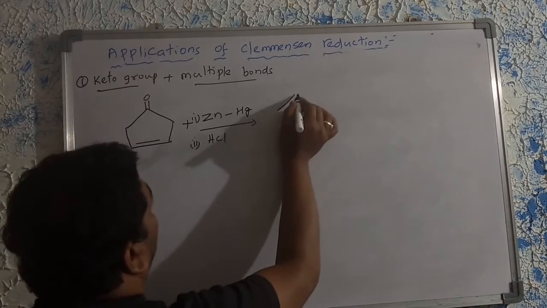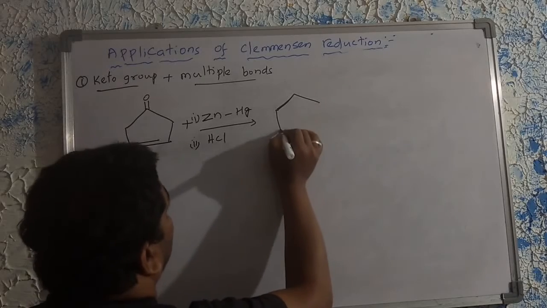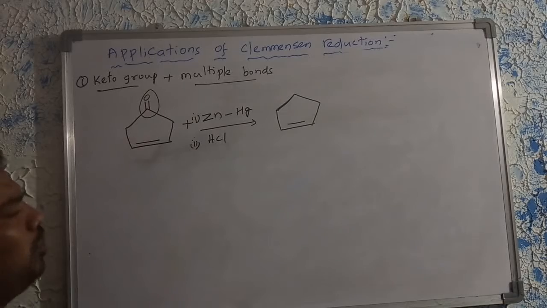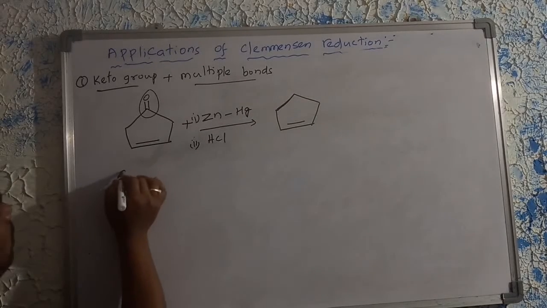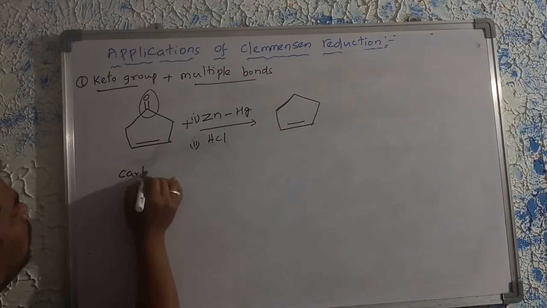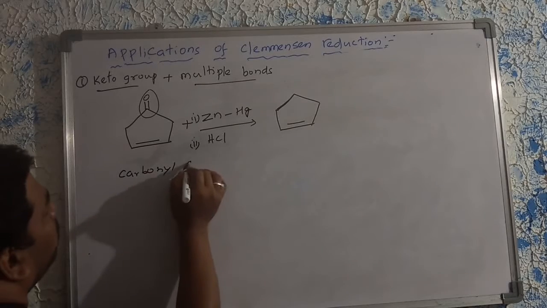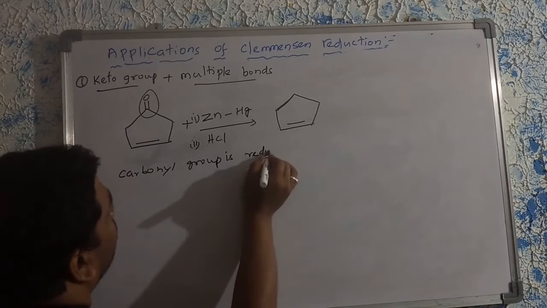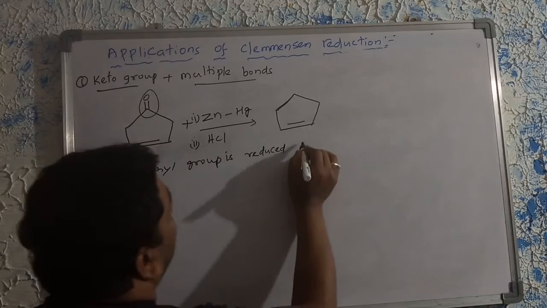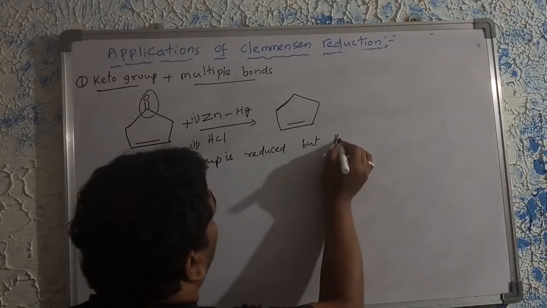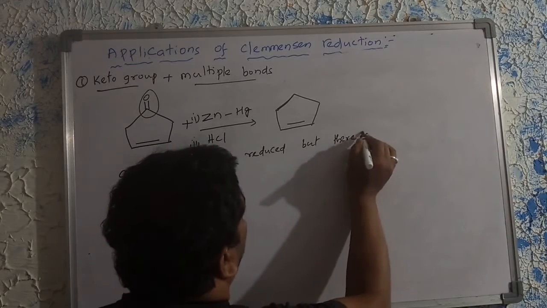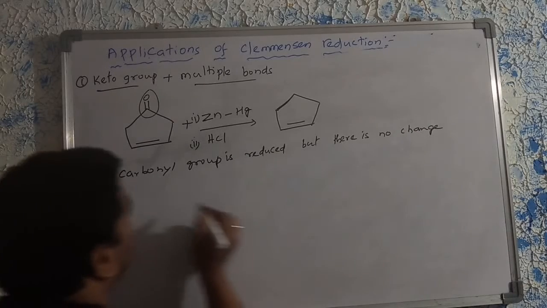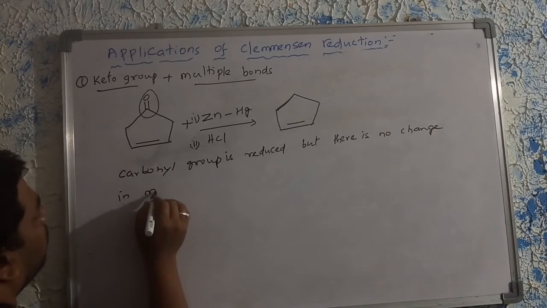Here the C=O carbonyl group is reduced, but there is no change in the multiple bonds.